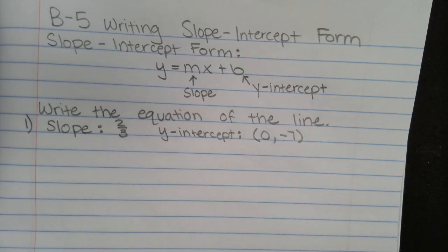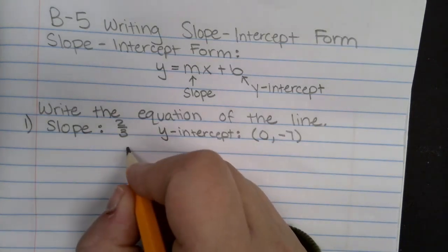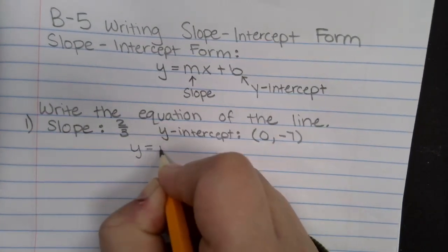So now we need to write an equation y equals something x plus something based on that information. So let's start off by thinking it's y equals mx plus b.